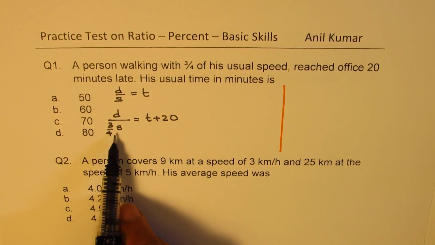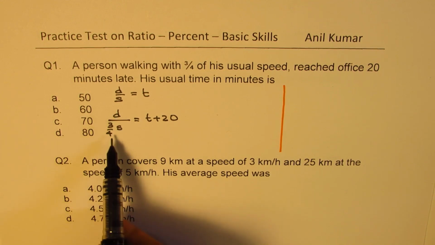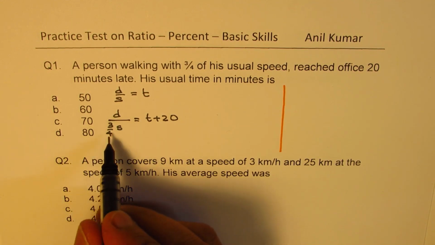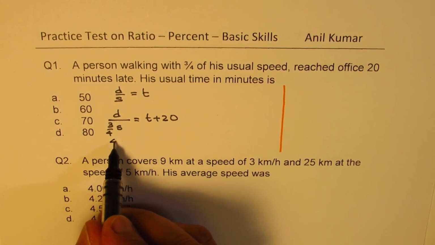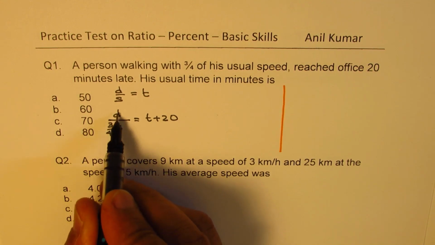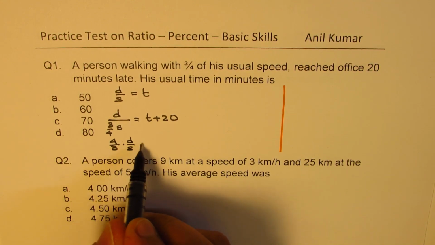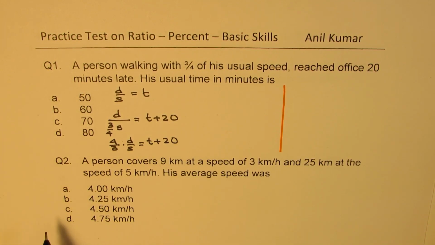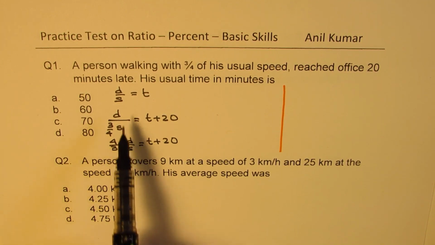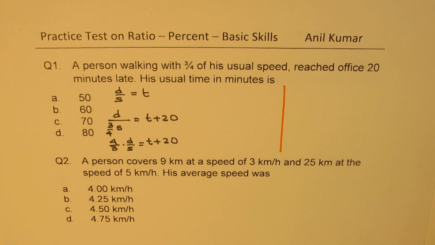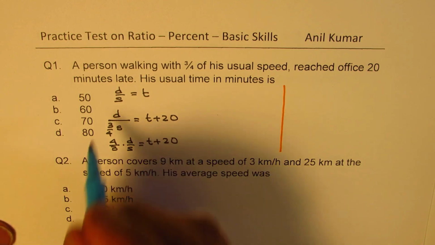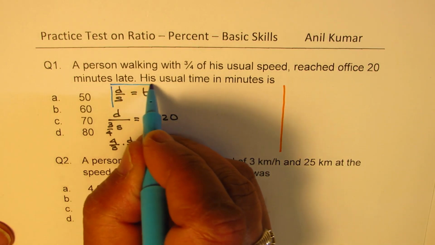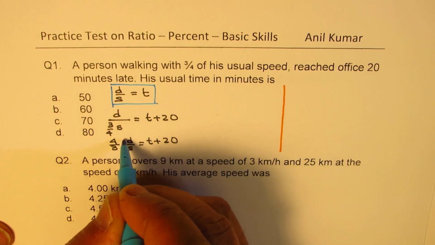Now, whenever you have fractions, it's a good idea to not write them with layers, right? So 3/4 in the denominator could be written as 4/3. And here we have distance over speed equals t plus 20. Is that clear to you? Now we know distance over speed is t, standard distance, standard speed, standard time.